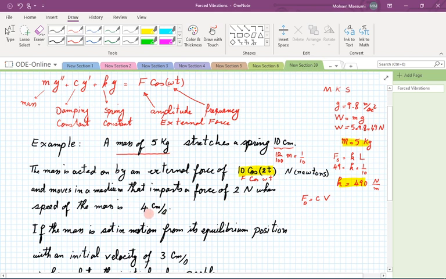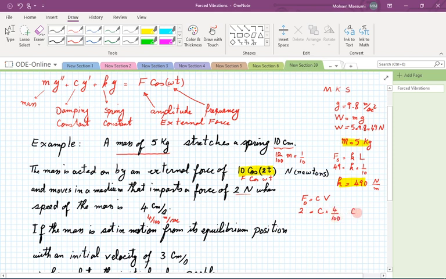Well, you have to be careful again. This has to be converted. So this is 4 over 100 meter per second. And this force is in the correct units of 2 newtons. So 2 newtons equals c times velocity, which is 4 over 100.